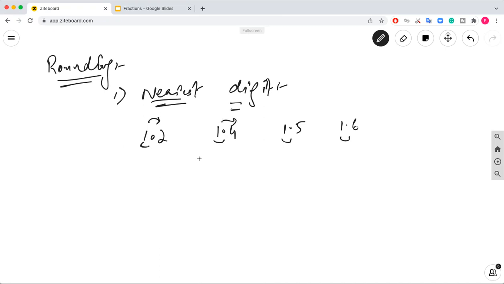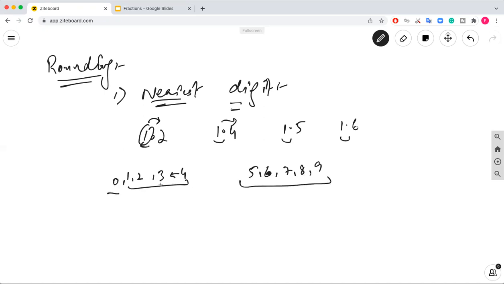If that digit is 4 or less, that is 1, 2, 3, 4, the digit will remain the same. But if the digit after is 5, 6, 7, 8, 9, the value will be rounded up.